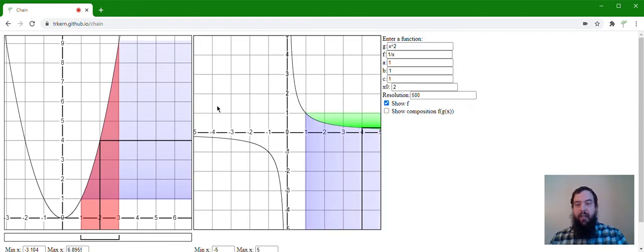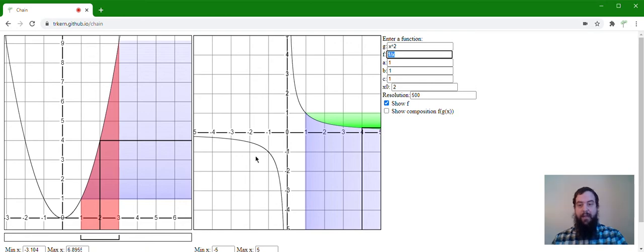Now, let's imagine we actually want to run this through two functions here. So we want to take our value between 1 and 3, and run it through first this g of x function, g of x is equal to x squared, and then take the result and run it through another function. In this case, f of x is equal to 1 over x.